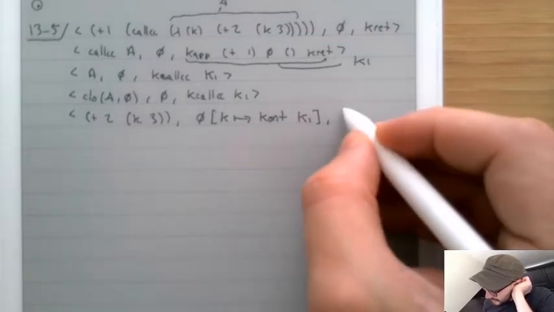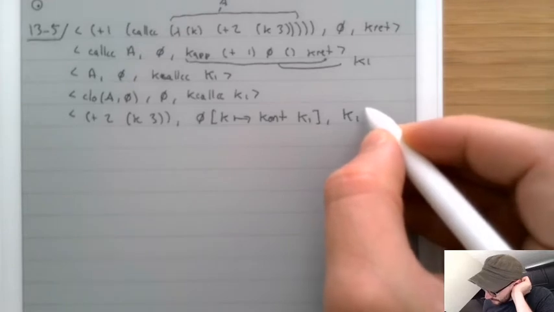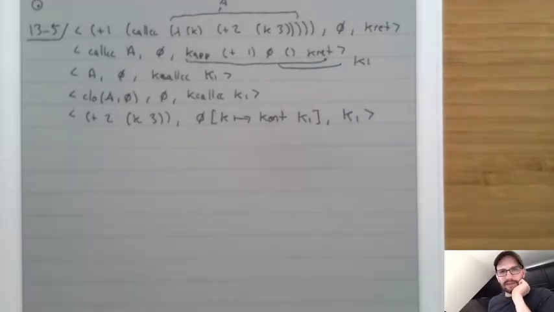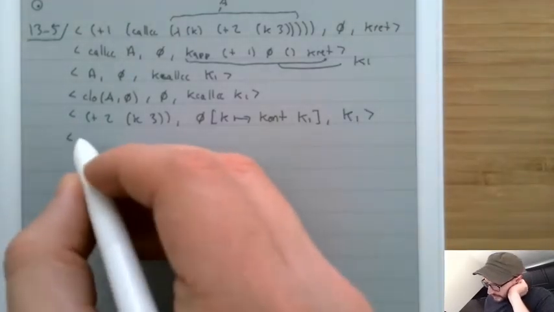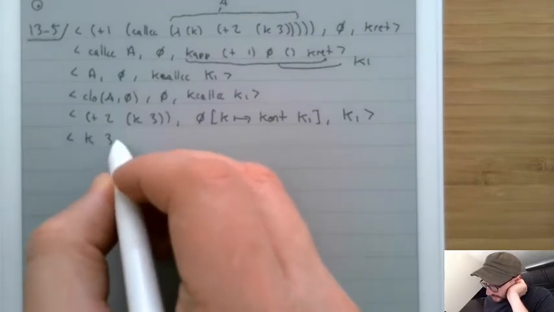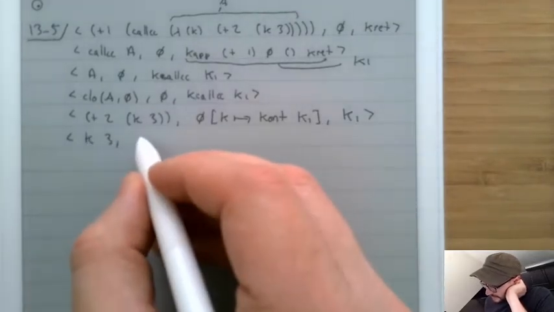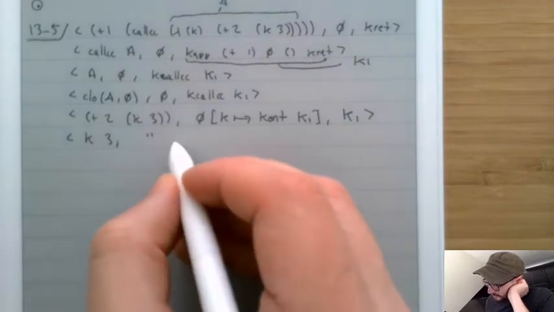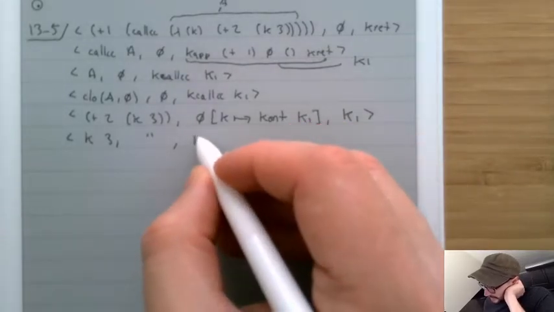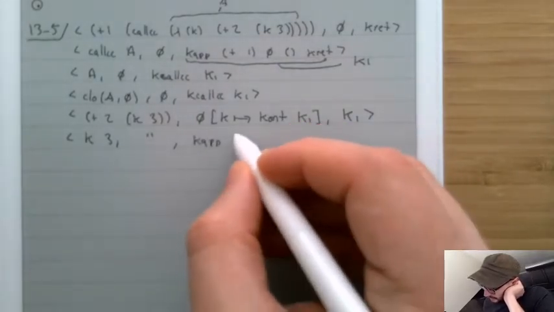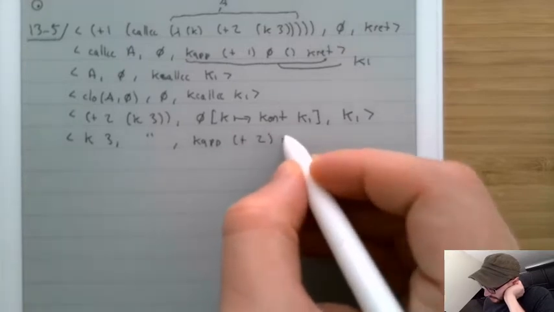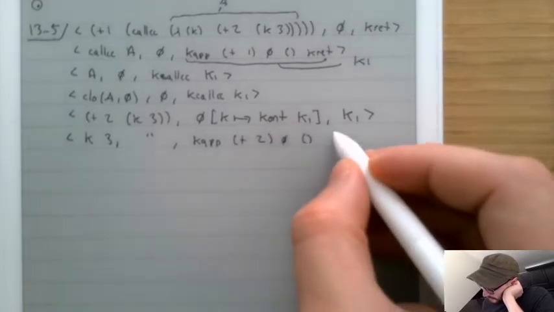And the continuation is k1. Then we're going to get down to calling k3, where the environment is the same. I'm just going to put quotes there. And now the continuation says that we have an application where we have +2, no environment, no other arguments, and then k1.